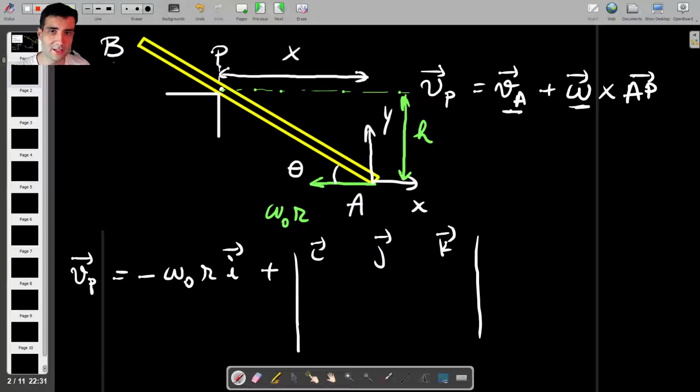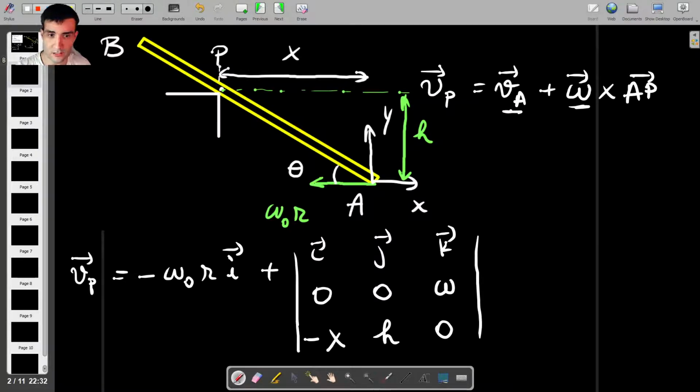I'm going to assume that omega is positive, so I'll put it here with a plus, and it only has a k component because it's a 2D problem. So in that case, AP has an x and a y component. The x component is minus x, because P is to the left of A, and then h is positive, and then this is 0.